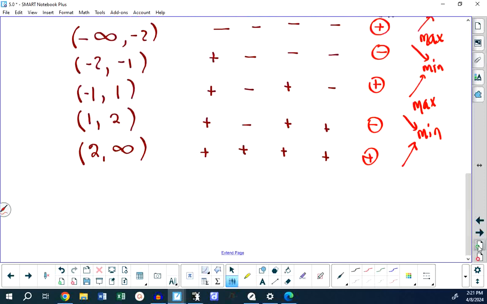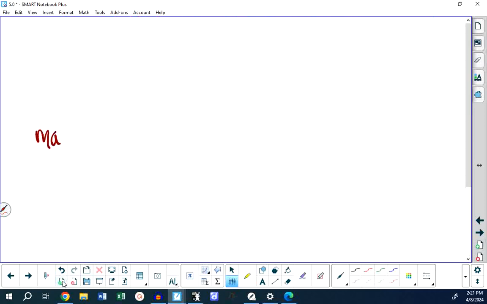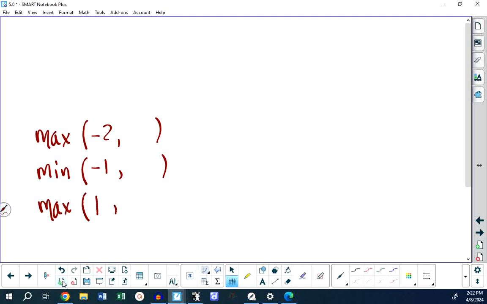So what have we learned? There is a max at negative 2 comma something, a min at negative 1 comma something, a max at 1 comma something, and a min at 2 comma something.